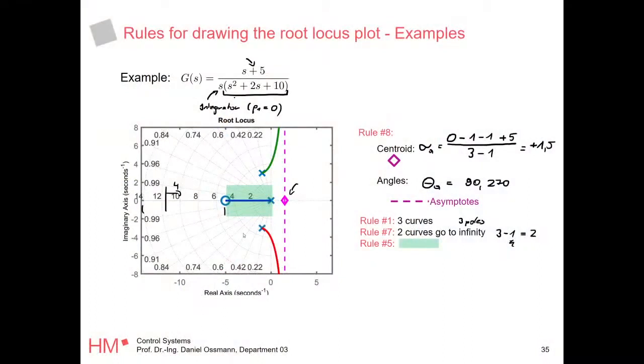We see here that our system G of S is basically stable, right? But this guy goes left, he needs to go left, and then these two guys, the locus curves, need to approach the asymptotes. And when you make your gain too big, remember, when your proportional feedback gain is 0, you're starting here. You increase the gain, you're moving the poles around.